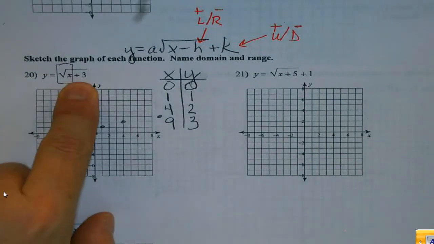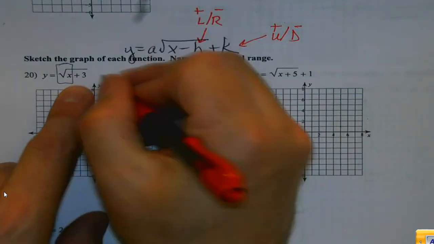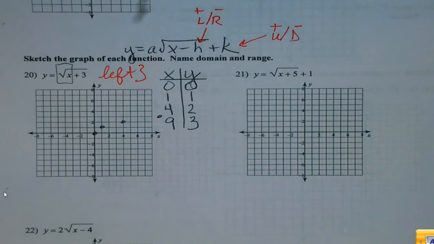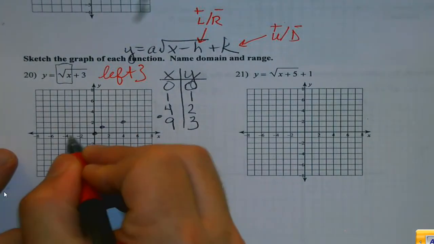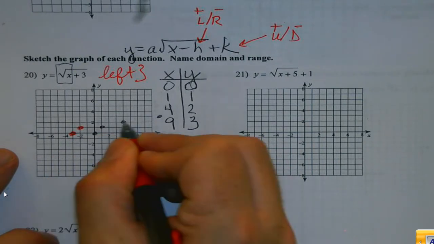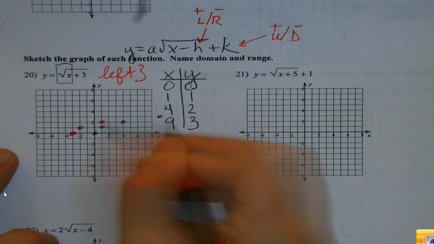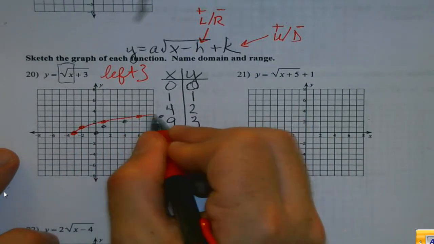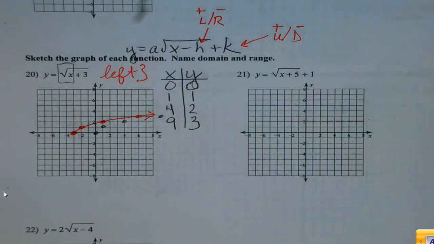And I see I have a +3 underneath, which means left. And this is where the colors can come in handy. If I'm going to go left 3, I take each of those parent points, and I'm going to move them left 3. And that is my actual graph. That's the only one where I want to connect the dots.